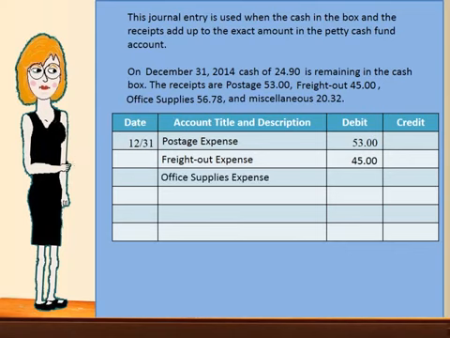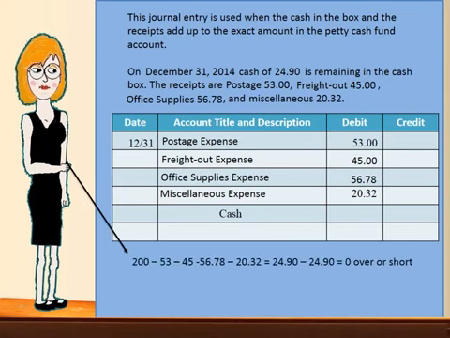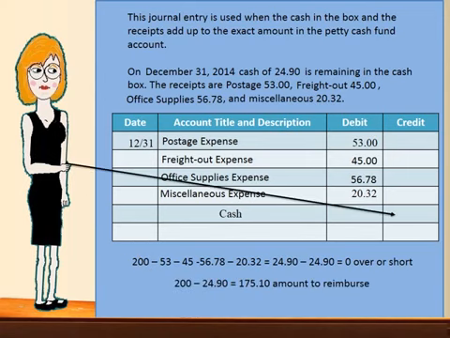Office supplies expense for $56.78, and miscellaneous expenses for $20.32. Cash, so we take the $200 we originally had in the box, subtract all of our receipts, and it equals 0 if we subtract the amount of cash that is still left in the box.